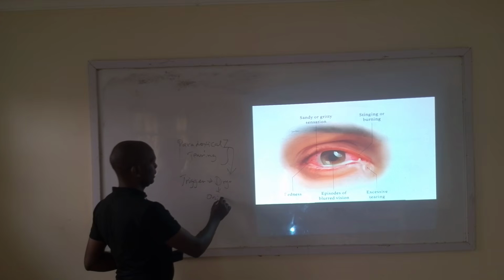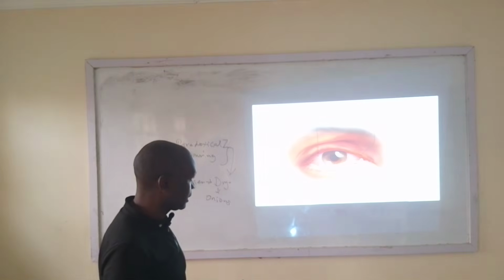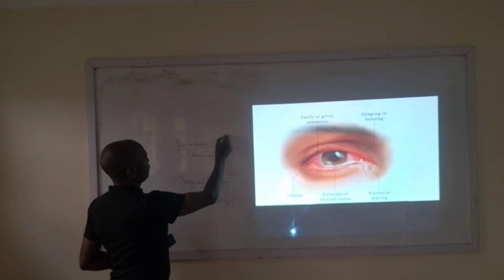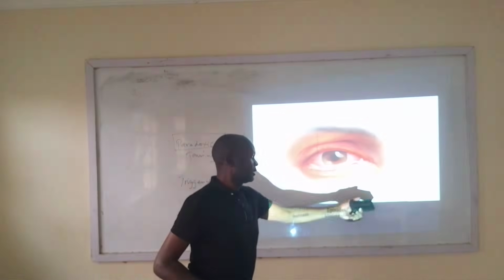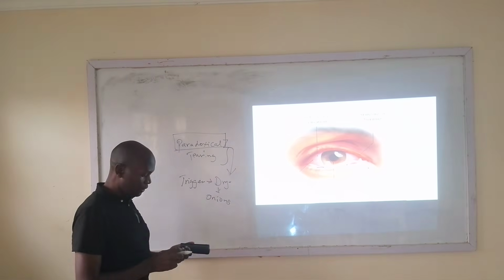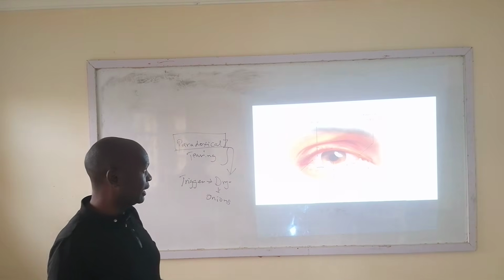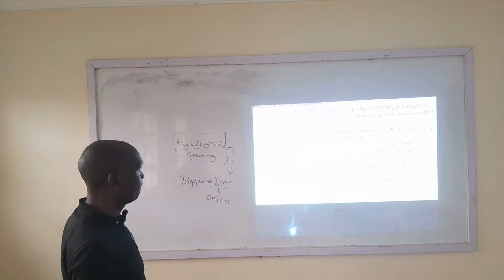We have already explained this. So you get excessive tearing. The word is paradoxical. The eye is dry, but you have excess tearing, and the excess tearing is not the normal one. It is due to a trigger, and the trigger in this case is the problem with the dry eye.